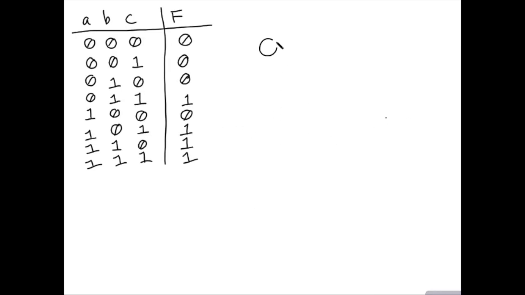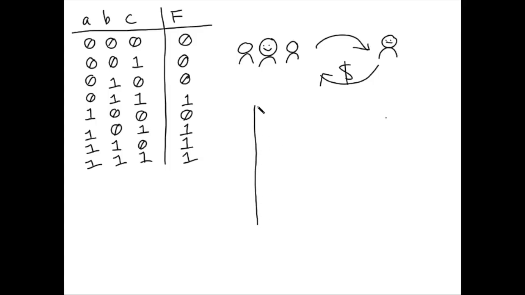So now let's try to approach this problem. Let's say that we are a group of chip designers, and our team needs to make a design of this truth table to send to our customer so that they can give us back some money. We'll see that we have 3 inputs here, so our first instinct might be to say, well, 3 inputs means 3 select lines, so let's use an 8-1 multiplexer.